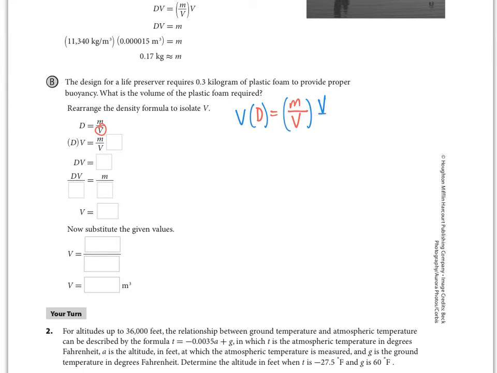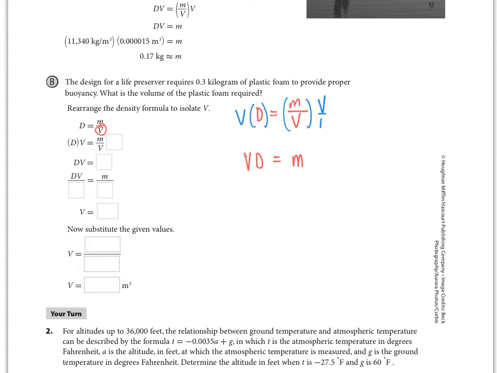V is the same as V over 1. So on the right side, these V's become a 1, and it goes away. So I'm going to get DV, or it shows it as VD on the left side if you look at that, equals M.